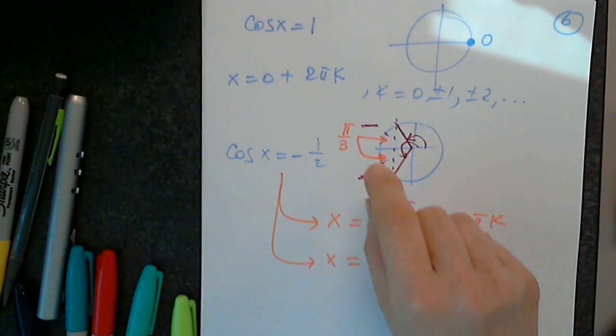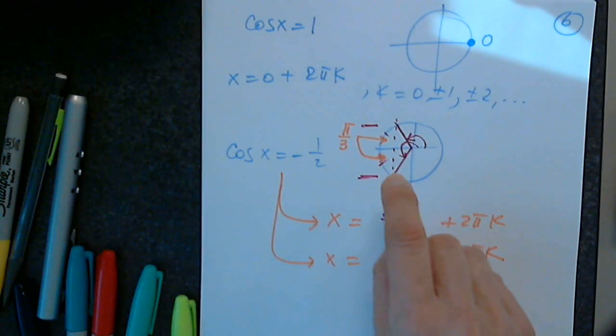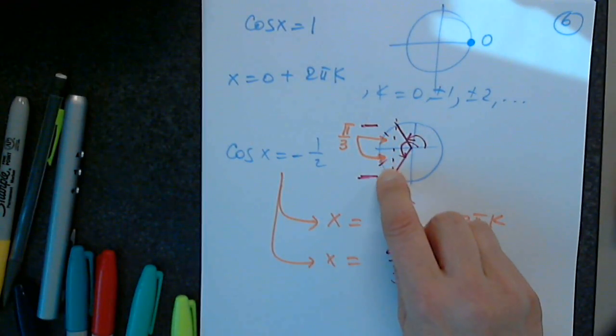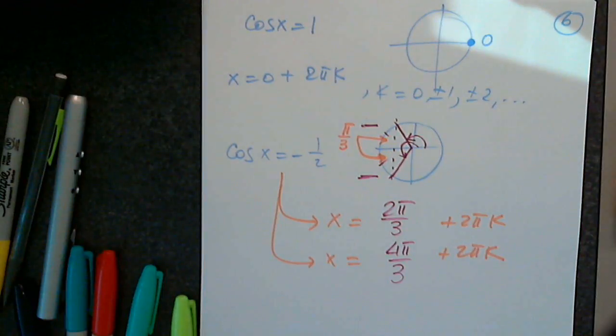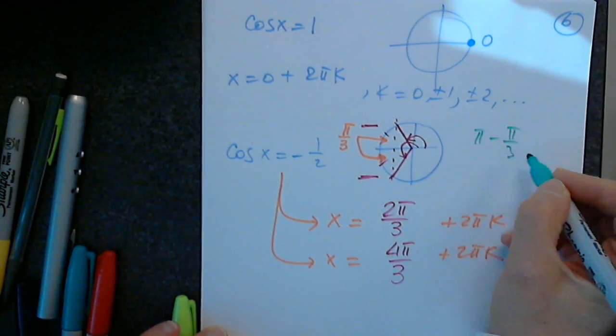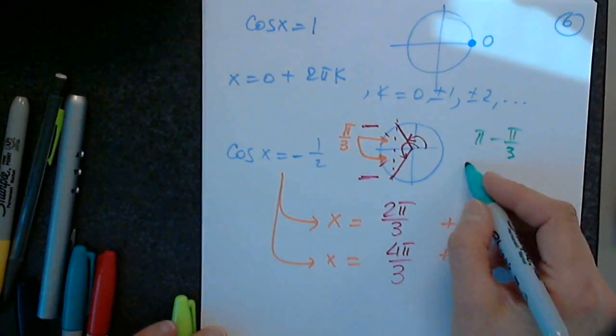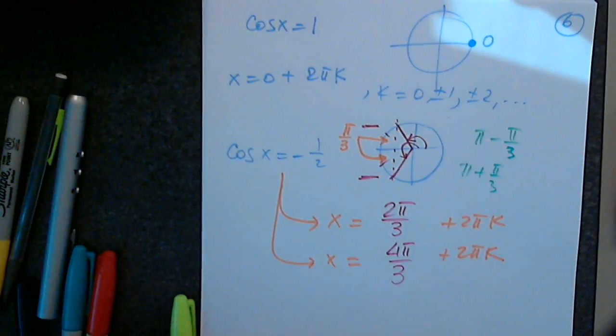One more time. Pi minus pi over 3. Pi plus pi over 3. If you take pi minus pi over 3, 3 pi over 3 minus pi over 3 is 2 pi over 3. And if you take pi plus pi over 3, 3 pi over 3 plus pi over 3 is 4 pi over 3.